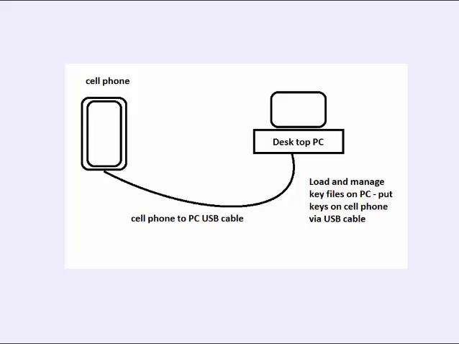The most secure method is to have a single PC or laptop as a key management system. Connect your cell phones that you wish to synchronize up to this desktop using a PC USB cable. You can load and manage key files onto the PC and put keys on cell phones via the USB cable.